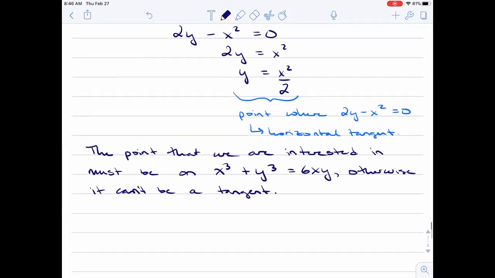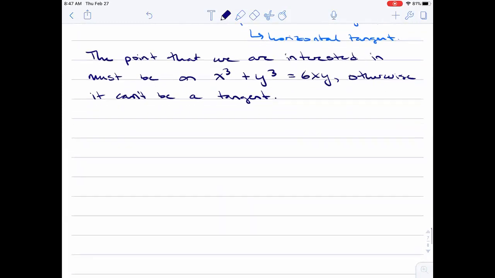So we know the y that satisfies that the slope is 0. Now we can plug that into x to the 3 plus y to the 3 equals 6xy. Substitute y equals x squared over 2.